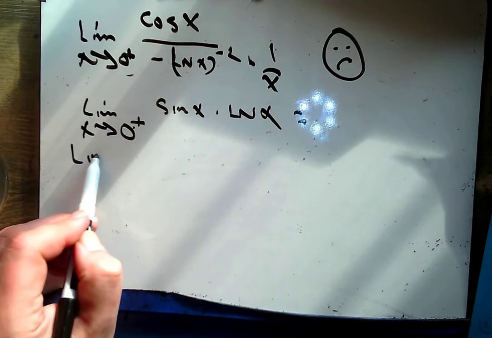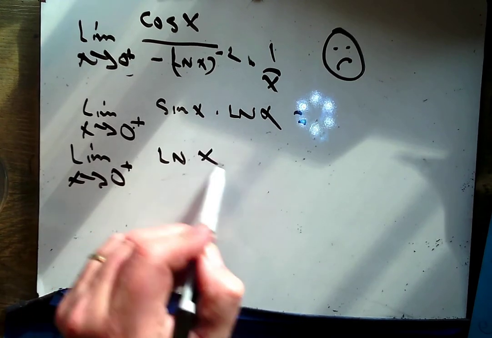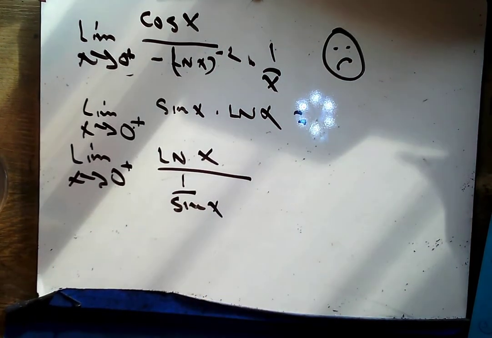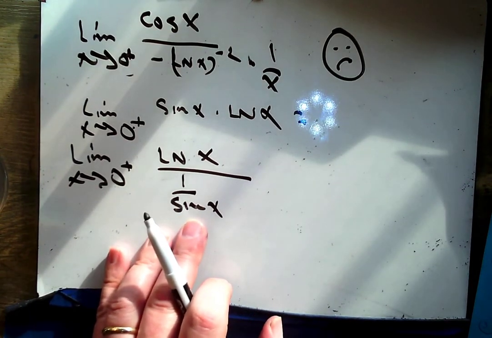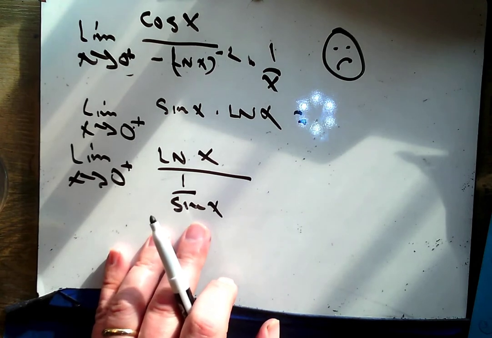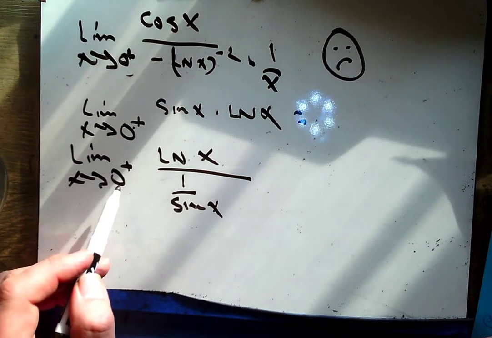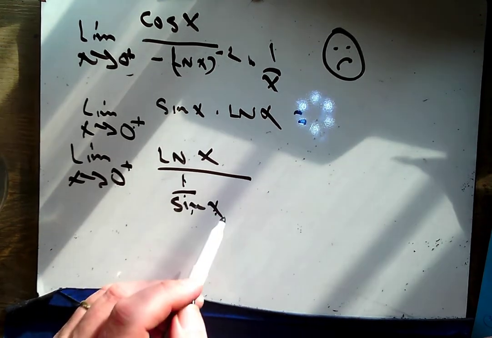Okay, so that's going to be the limit as x heads to 0 from the positive of ln of x over 1 over sine x. And yes, this is equal to cosecant x, but I almost never want to deal with that. Okay, so what do we have here? Sine of 0 is 0, 1 over 0. We have infinity over infinity.